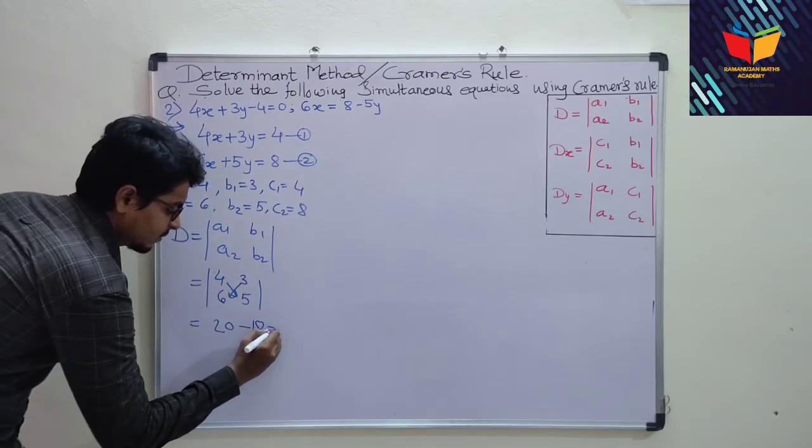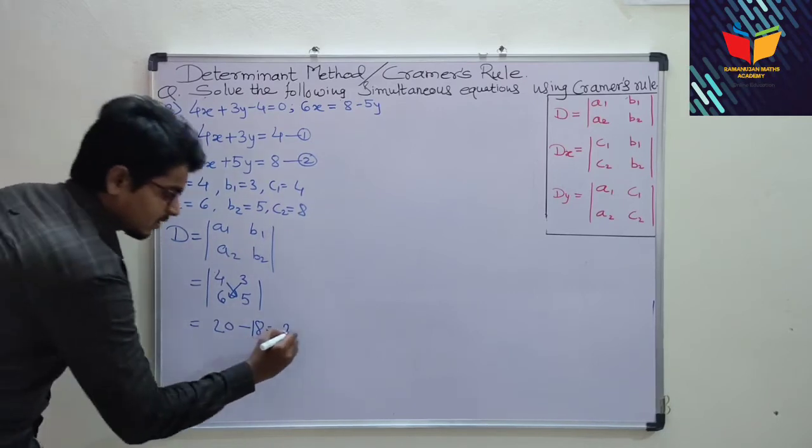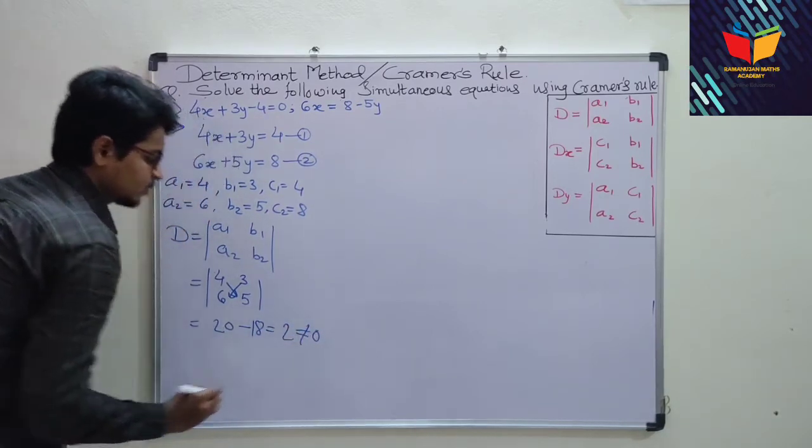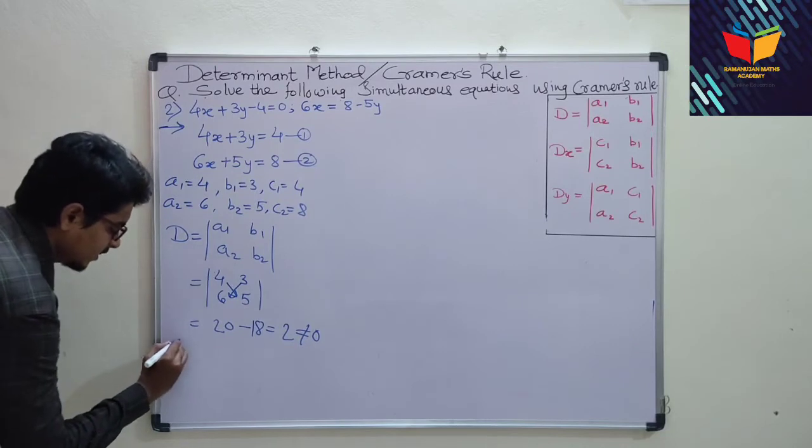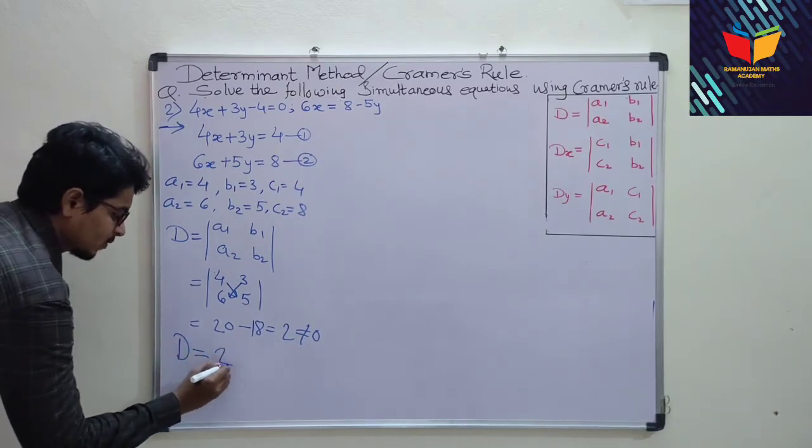So value of determinant is 2, which is not equal to 0. So value of determinant D is 2.